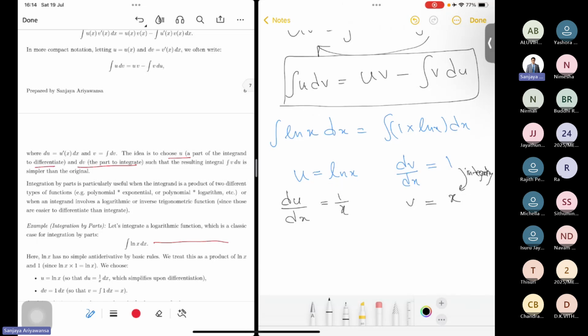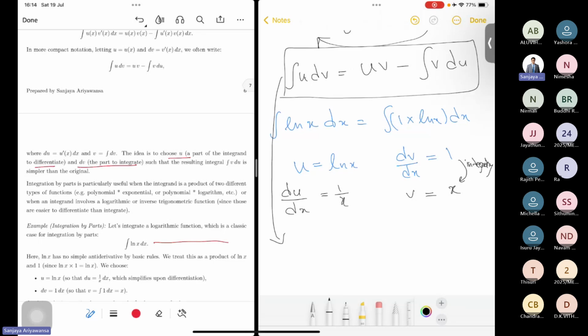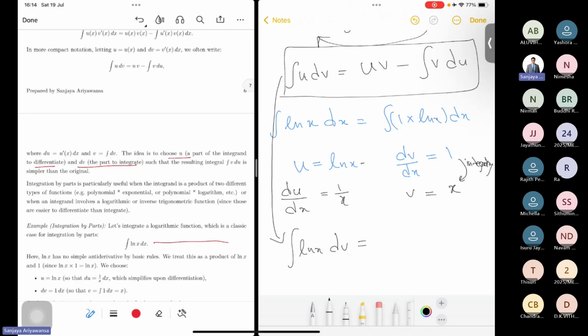Now, according to this formula, the integral of u dv, which is log x times dv, equals u times v, which is log x times x, minus the integral of v times du.